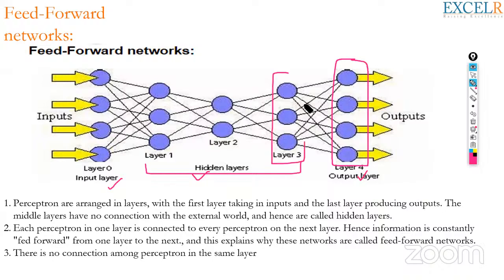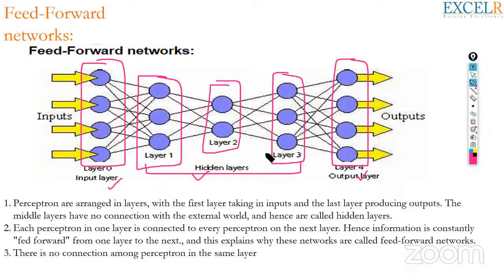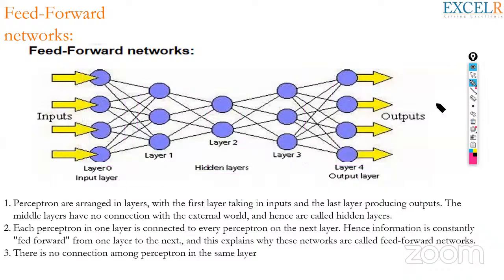A user can define all of these based upon the problem statement. One thing is very obvious: if you use a lot of hidden layers, the architecture becomes very complex, and that will take a lot of time to do the computations. This is what we understood from the previous session.